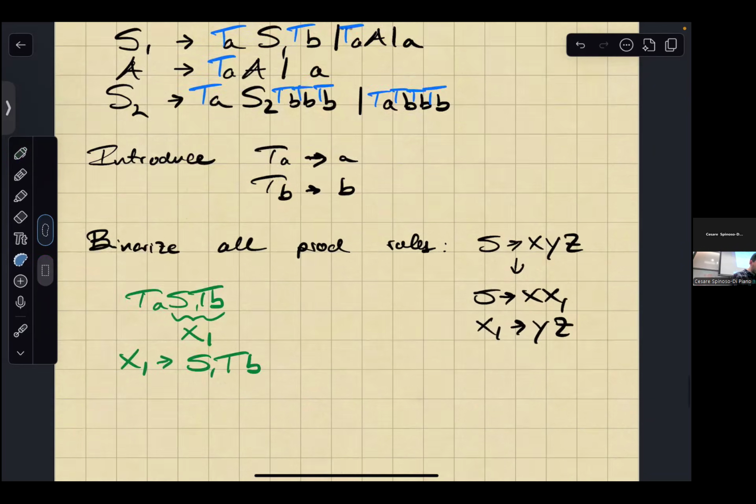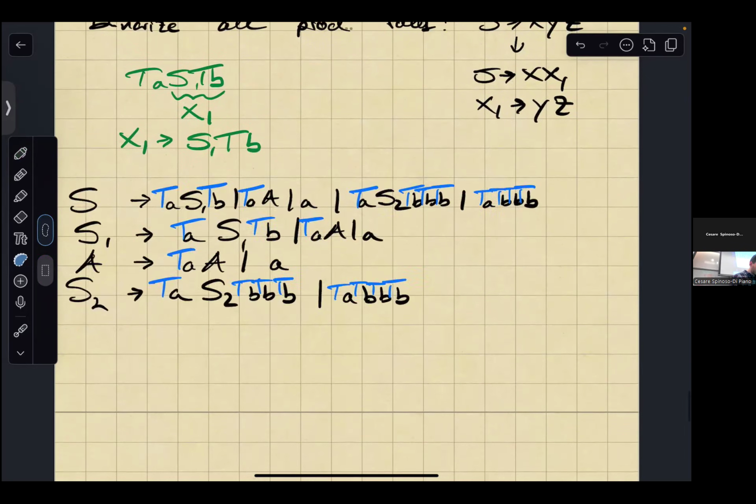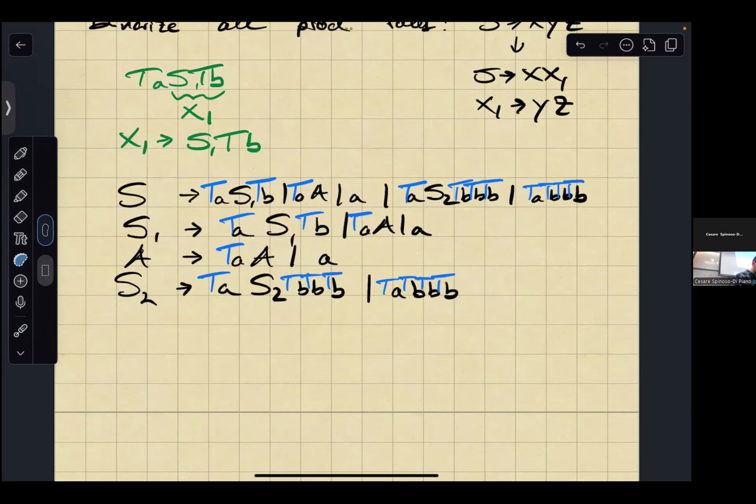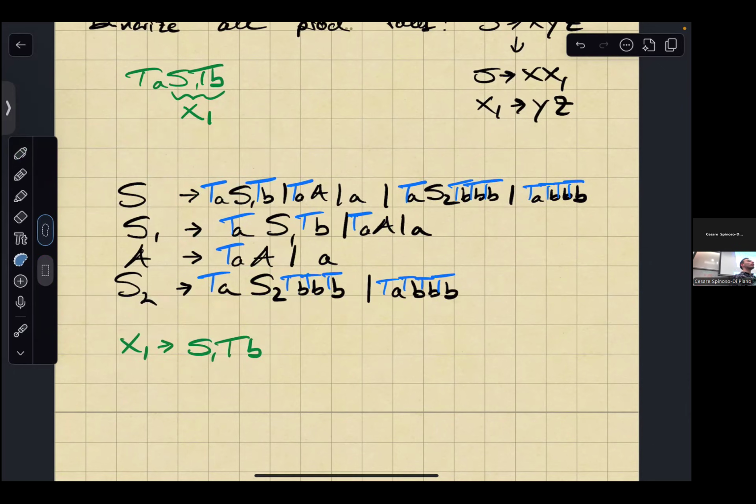Okay, so I'm going to copy this, put it here, and then this new intermediate variable is going to be here, right? Now I'm going to replace it wherever I see it in the grammar. So it's here, and it's here, and that's it, right? Nice.